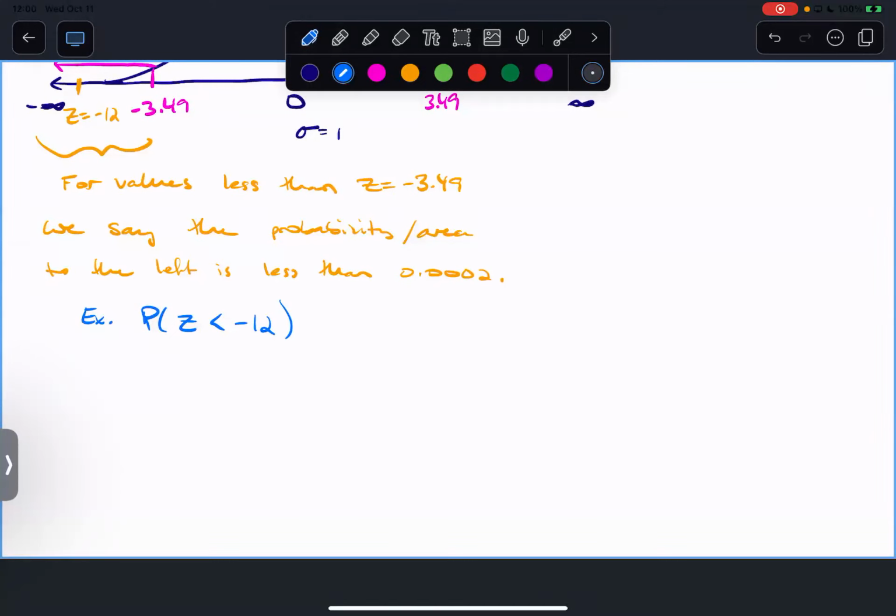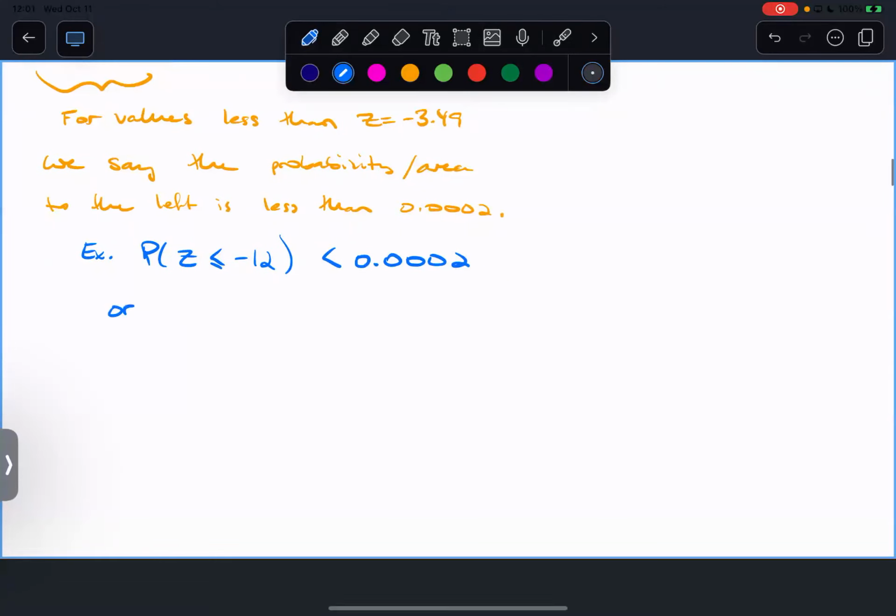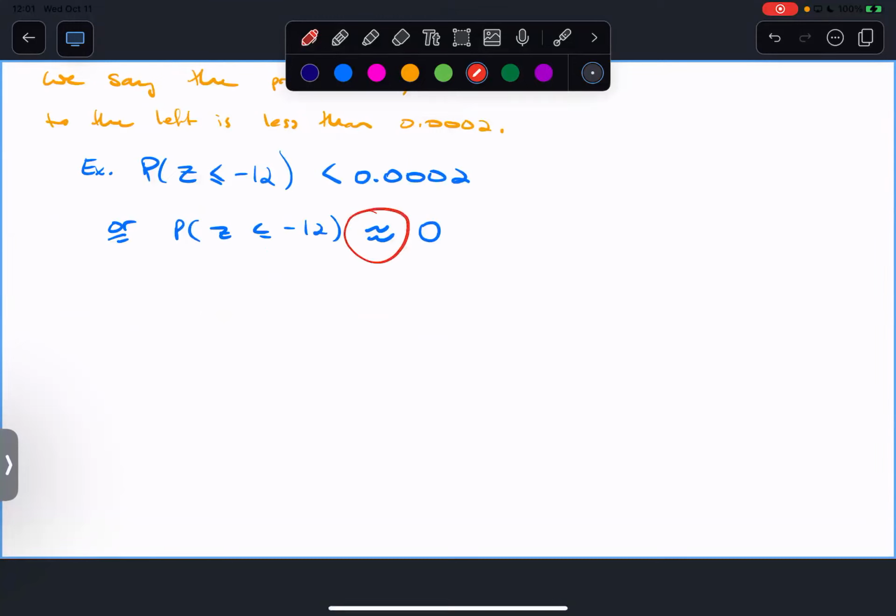And so, sure, is less than 0.0002, or the probability that Z is less than or equal to negative 12 is approximately 0. I'm going to be really, really strict on the approximately 0. Okay. And so here, I must say approximately 0.